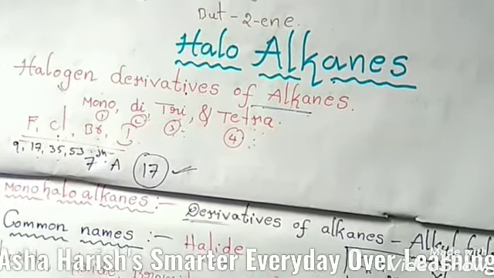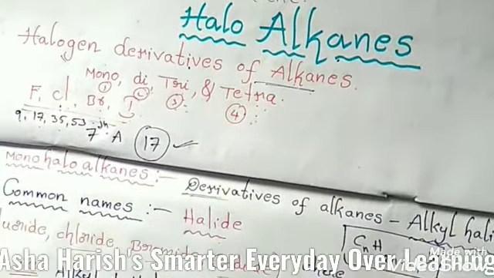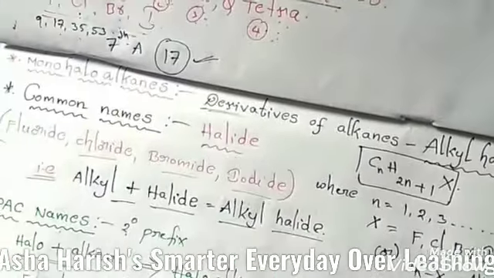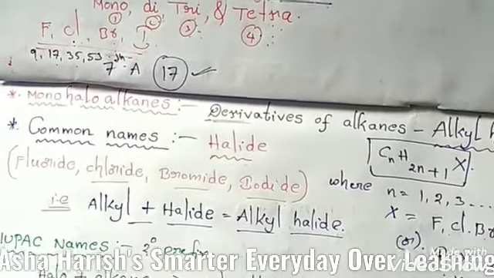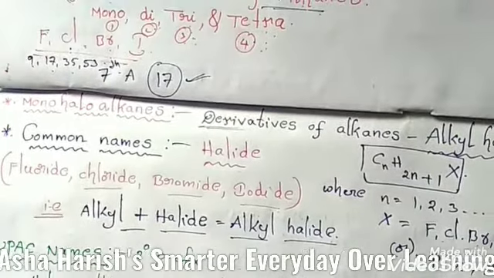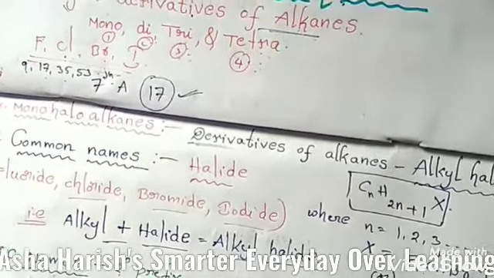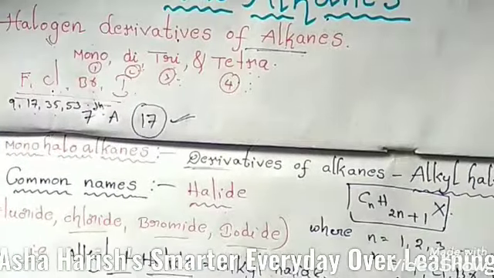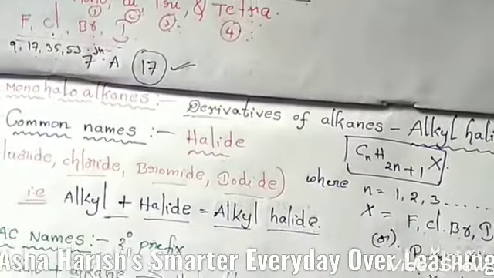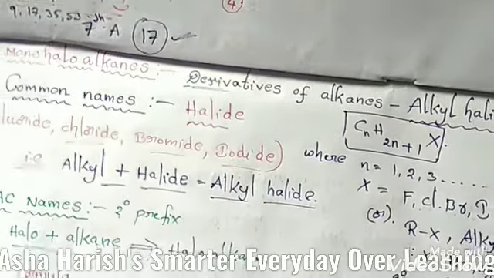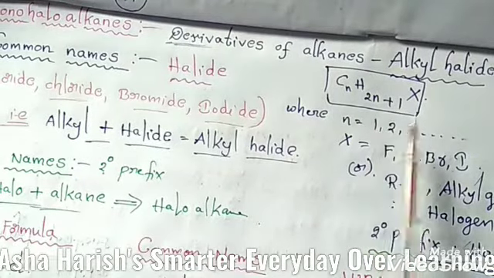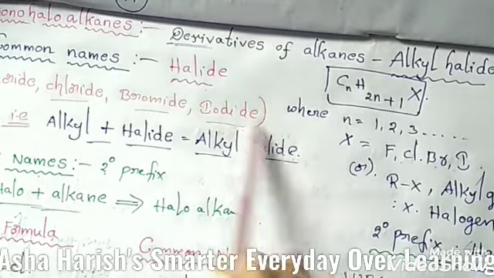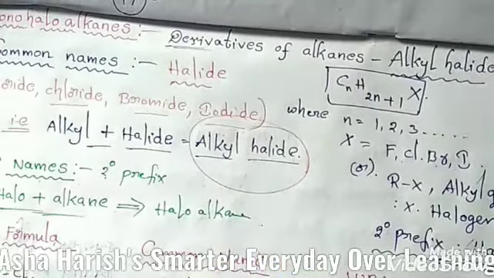From the start, we studied haloalkanes and their definition, and types of haloalkanes: mono, di, and tri, tetra. In these halogen groups I explained about the halogens, fluorine, chlorine, bromine, iodine, and I told you their atomic numbers also. In monohaloalkanes, derivatives of alkane, I told you the general formula, and explained how alkyl halides are formed.